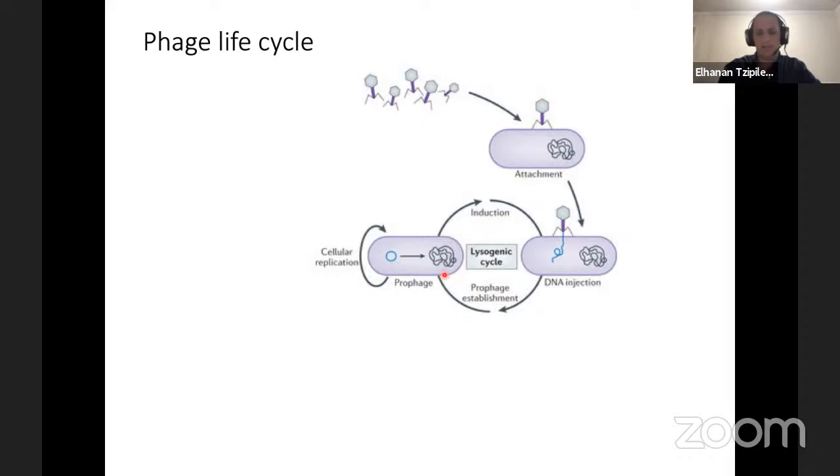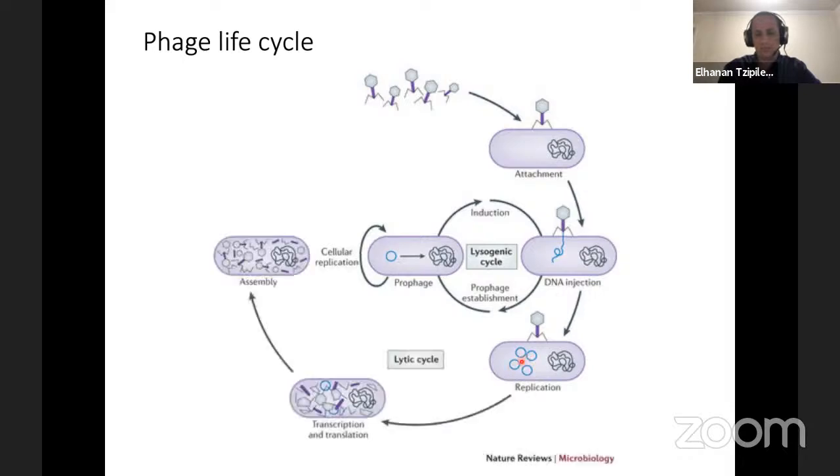And upon sensing some environmental signal, it exits from the host DNA and goes into the lytic cycle. Other phages are strictly lytic and go directly to the lytic cycle. In the lytic cycle, the phage DNA is replicated, transcribed, and translated, and mature phages form. And finally, the phage secrete enzymes that lyse the host cell and release the phages for another cycle.